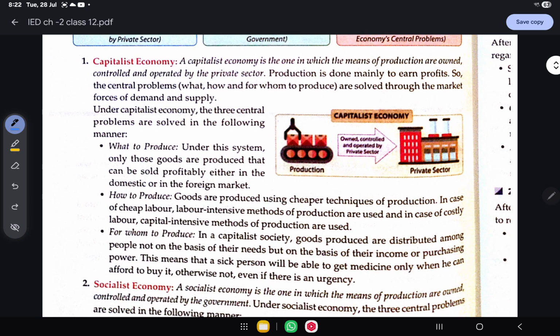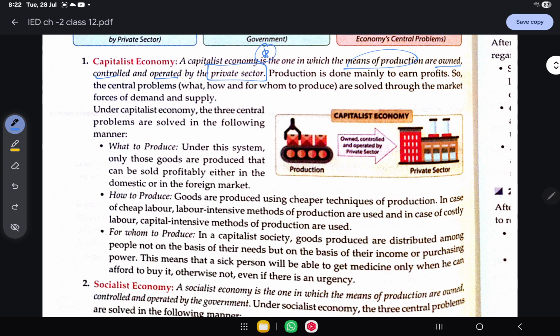So what do you mean by capitalist economy? A capitalist economy is one in which the means of production are owned, controlled and operated by the private sector. Okay?